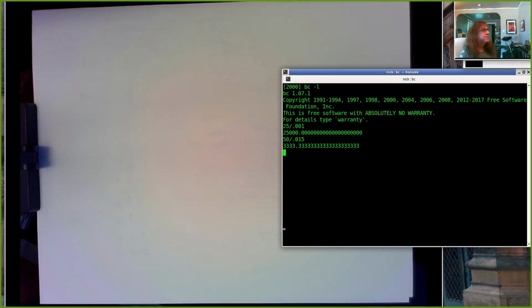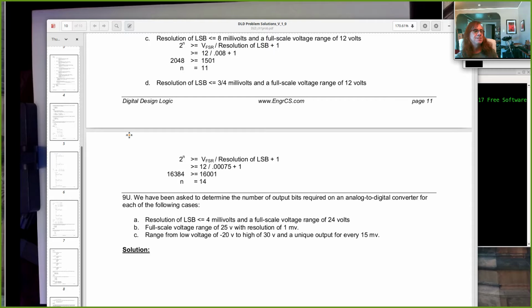You weren't supposed to add 1 to the resolution, as in, instead of 25 divided by 1 millivolt, it would be 1.1 millivolts? I don't think there's a reason to add 1. Okay. Adding 1 was in the equation, though. Well, are you looking at the book or are you looking at the solutions?